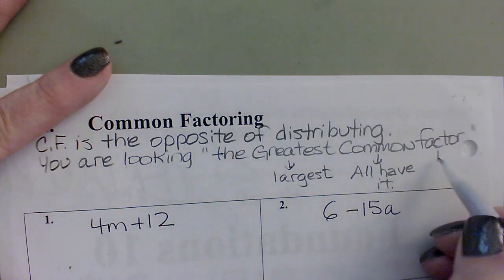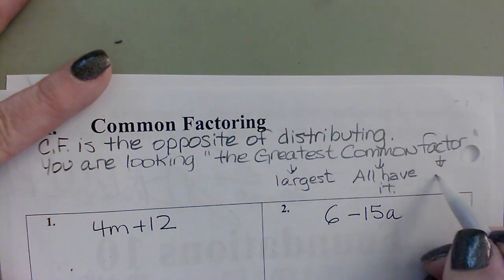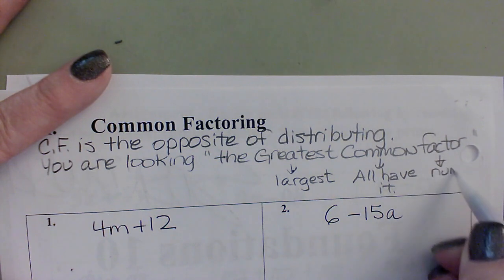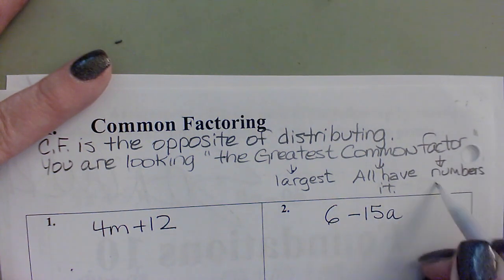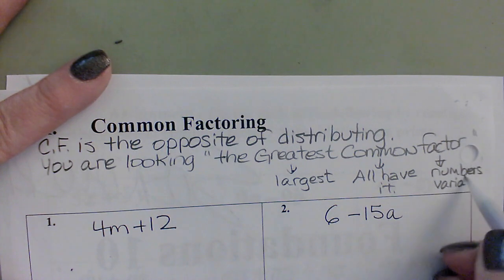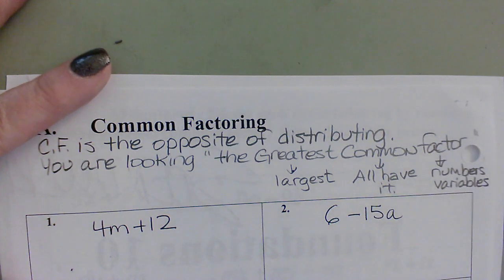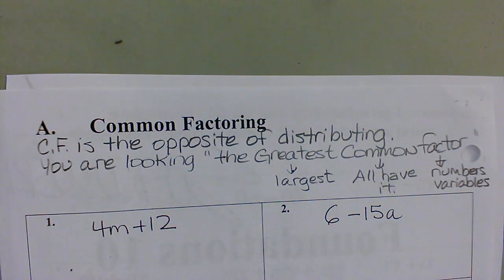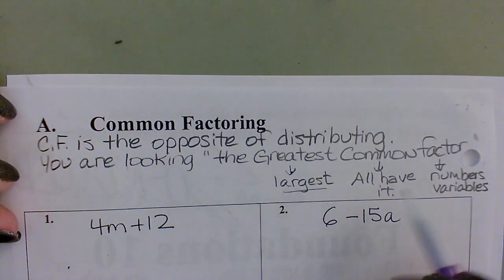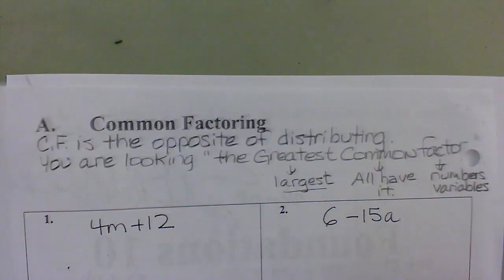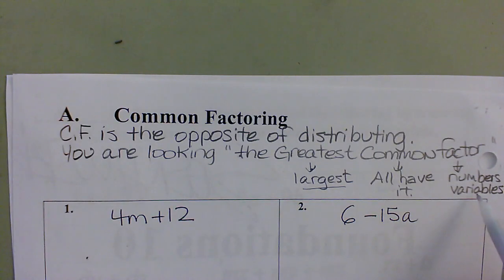And a factor can be numbers, right? Or it can be variables. It's what makes up that question. All right? So it has to be the largest amount. It has to be common among all the terms, and it can be variables and numbers.